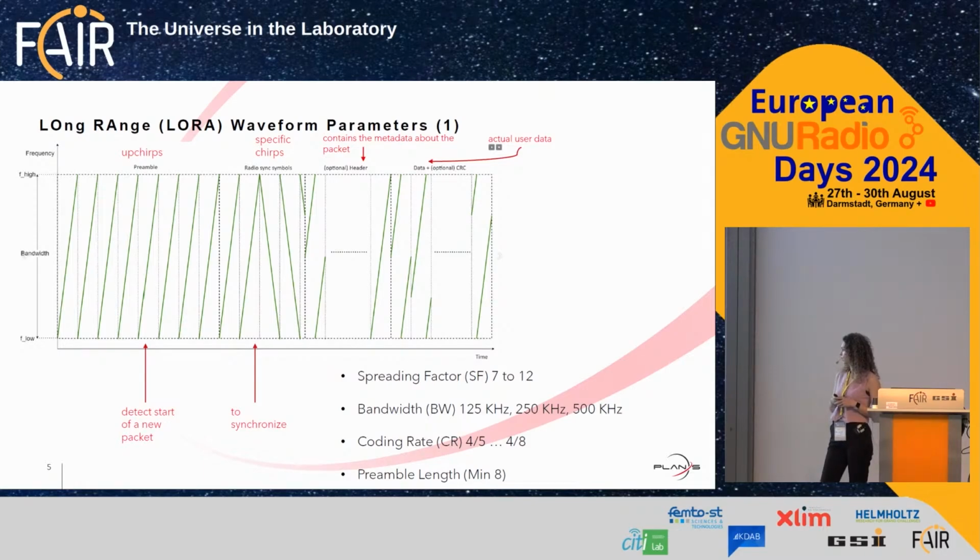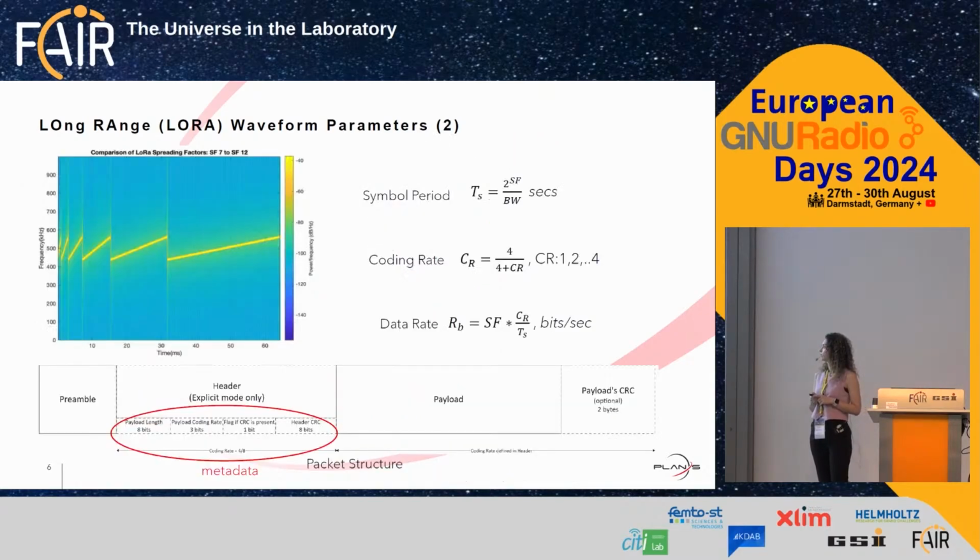They are 125, 250, and 500 kilohertz. Coding rate is related to the error correction capabilities, and it defines the actual data over actual data plus correction data. For example, 4 over 5 means 4 bits for data, 1 bit for correction. And for LoRa, the preamble length should be minimum 8.